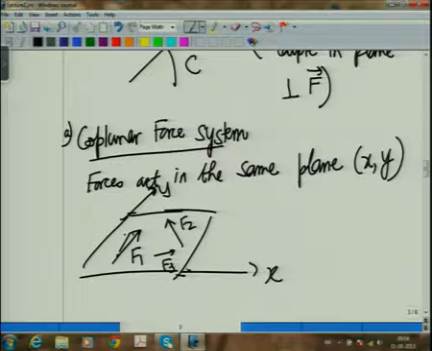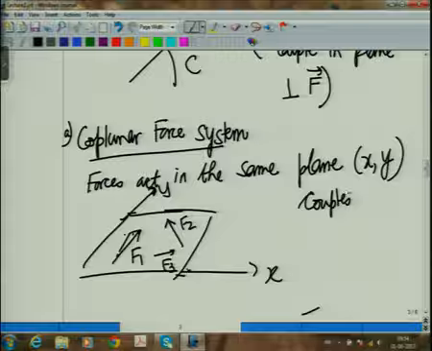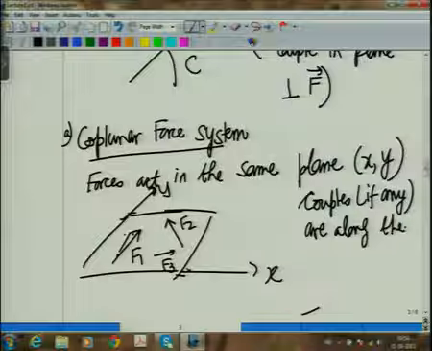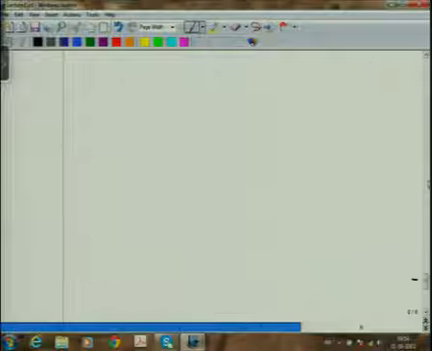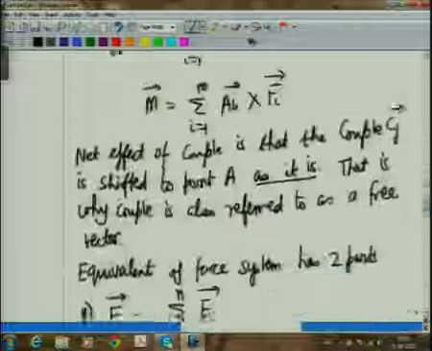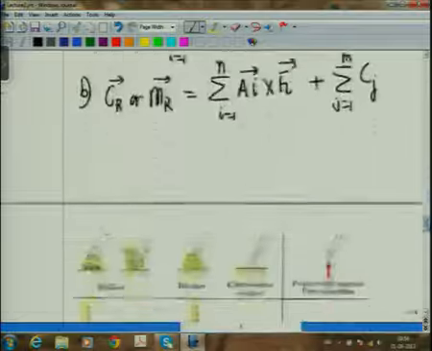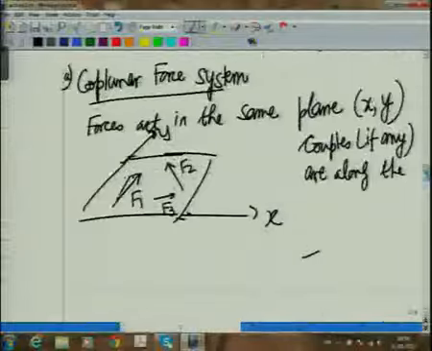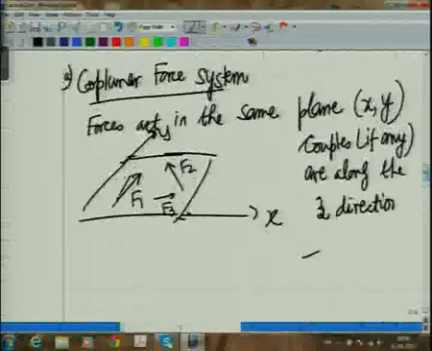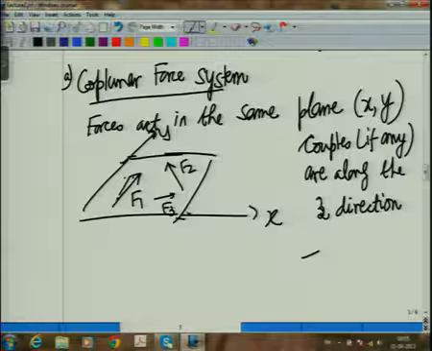And if there are any couples, they are along the Z direction.